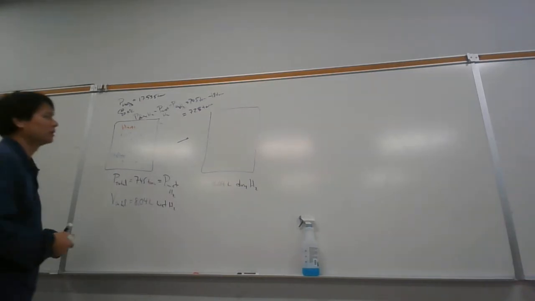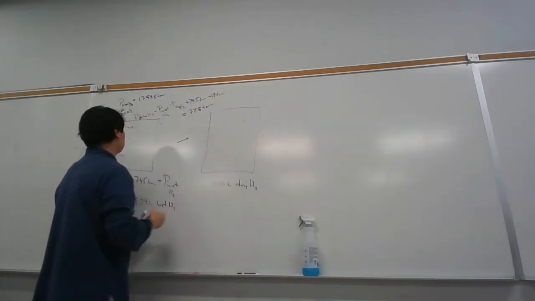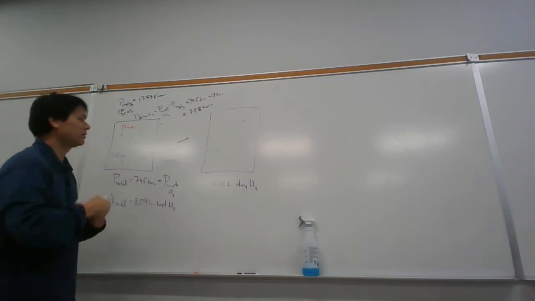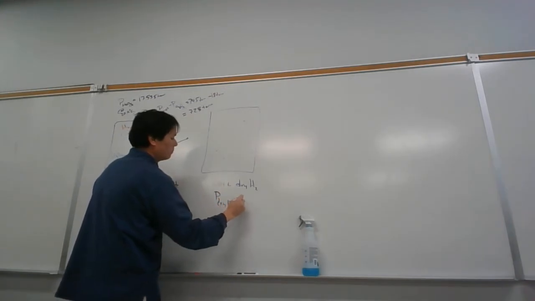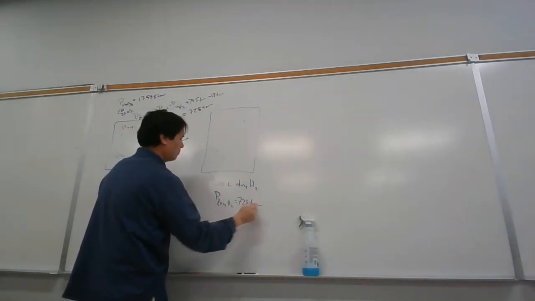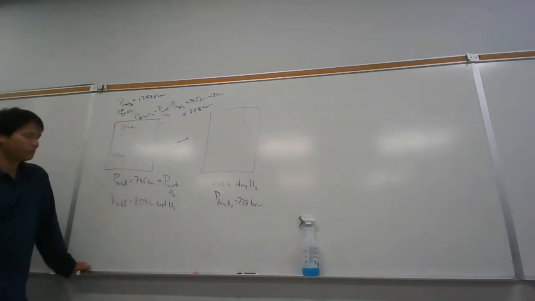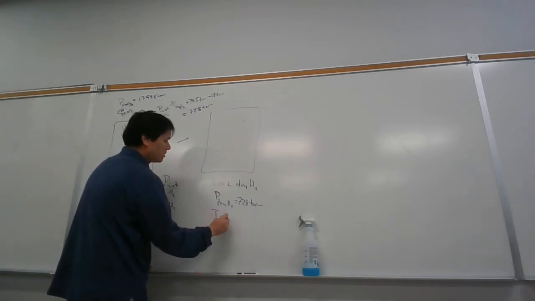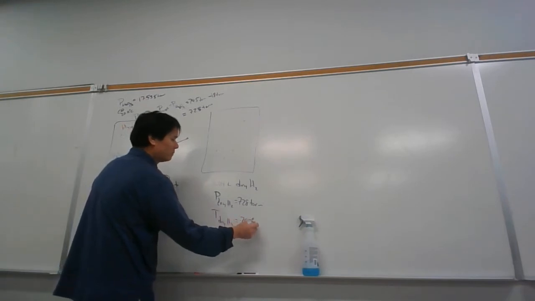What is the pressure of my dry hydrogen? Yeah, 728 torr. The temperature of the dry hydrogen is going to be the same as the temperature of the wet hydrogen, 20.0 degrees C.